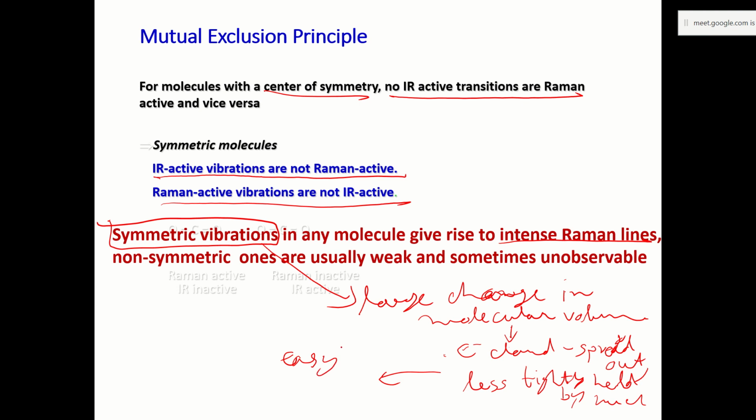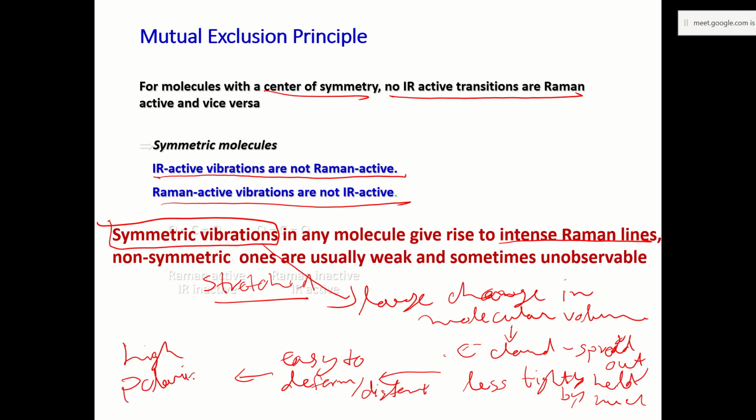So this will be easy to deform, distort. So you can bring about distortion easily. So we say high polarizability. So suppose it is under, when you are stretching it, we are talking about the stretched condition. When it is symmetric stretching, high polarization, that will give rise to high polarizability.